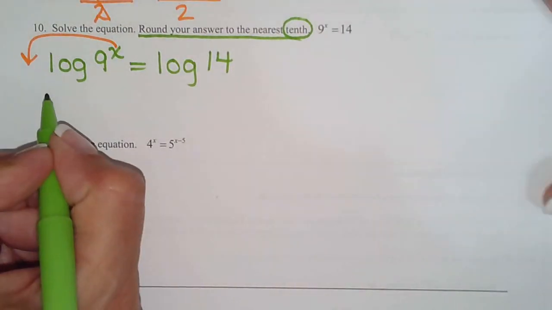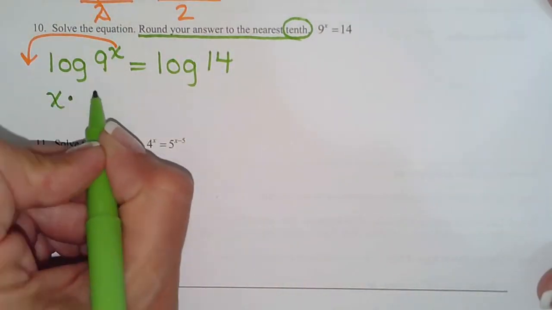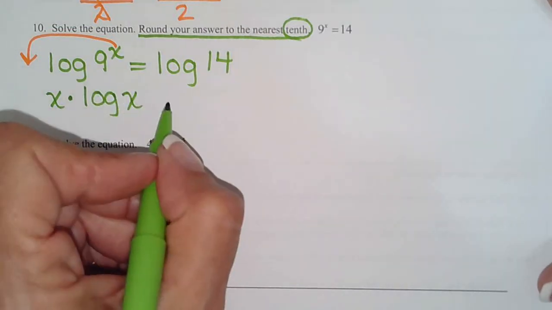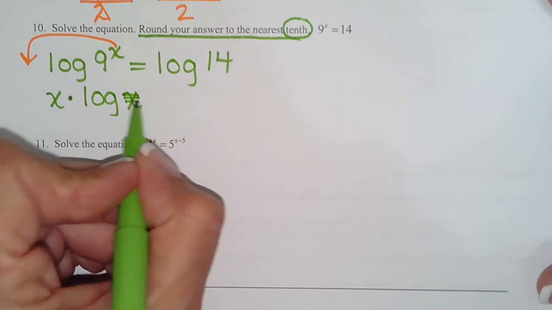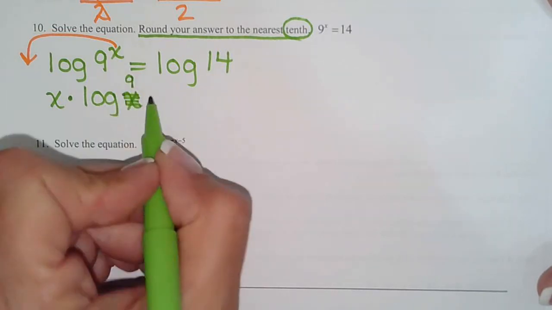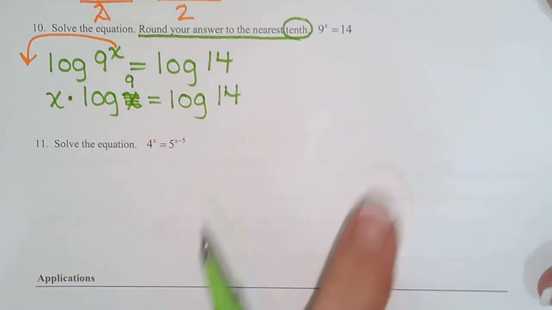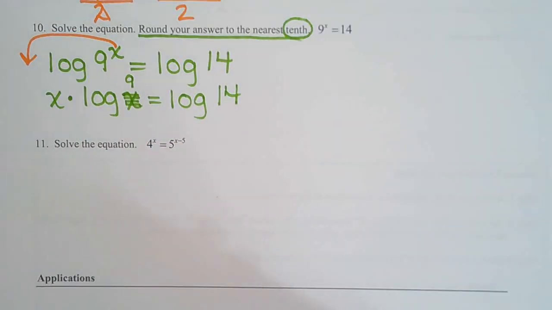So this turns into x times the log of 9 equals the log of 14. So now you have to say to yourself, solve means get x alone.